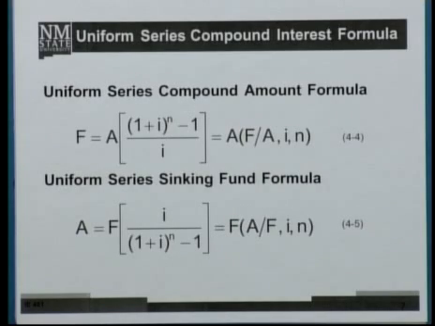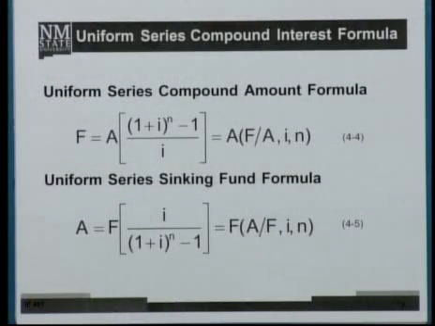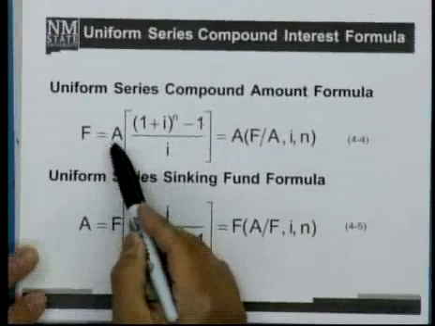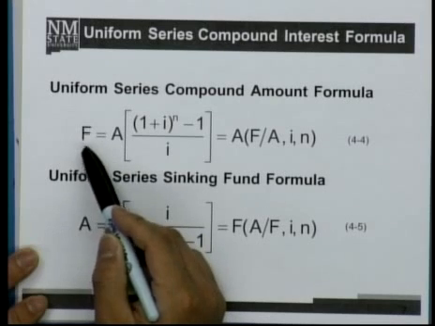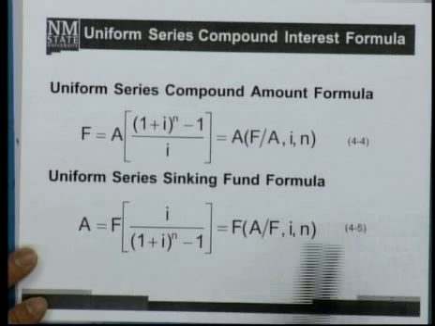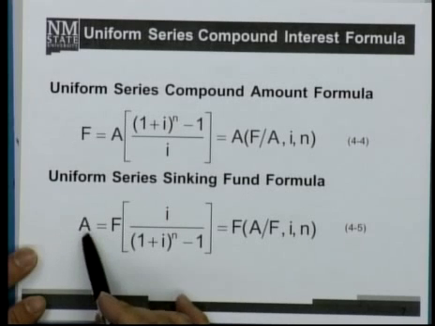Instead, I want you to read our text, pages 104 through 106. Okay? Formula 4-4 can be used to convert from a uniform series A to a future sum of money, F. Likewise, using formula 4-5, a future single payment F can be converted to a uniform series A. Okay?